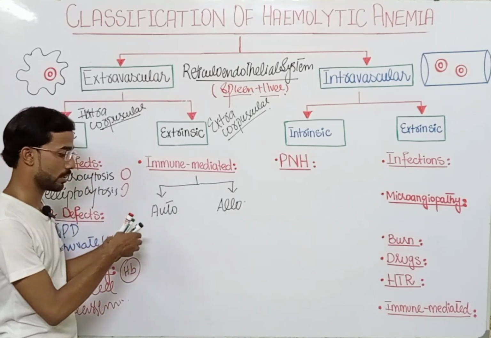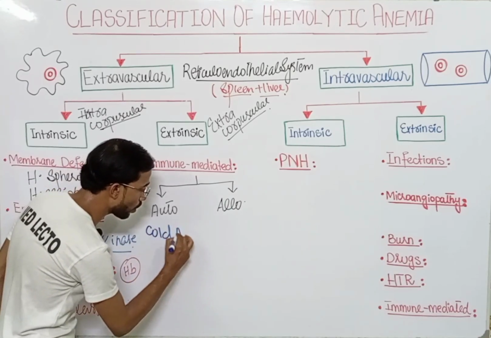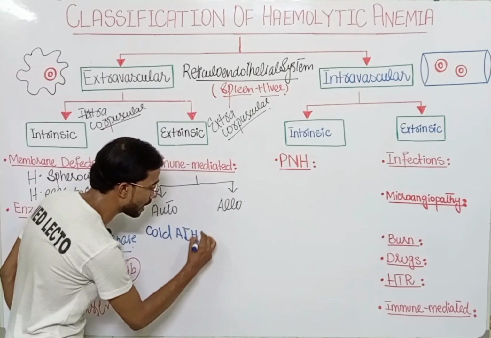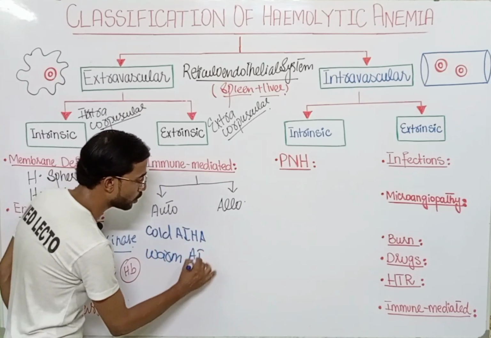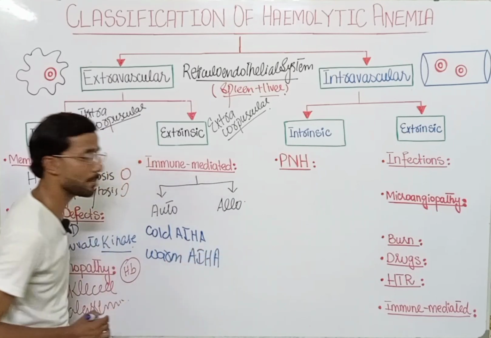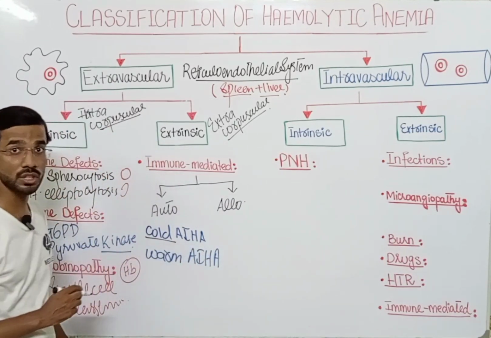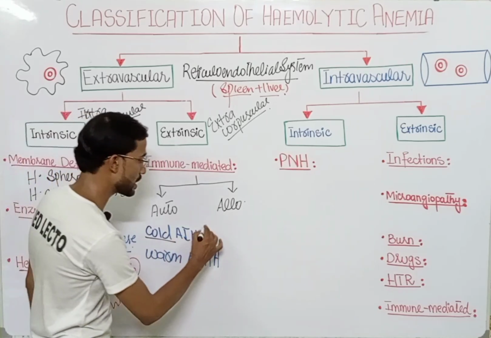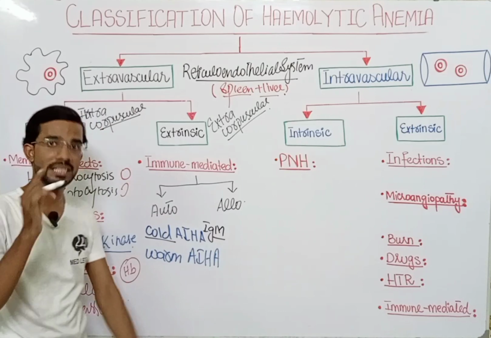So in autoimmune, we have cold autoimmune hemolytic anemia and warm autoimmune hemolytic anemia. These are basically the two. Why is it called cold? Because in that situation, specific antibodies like IgM are produced against the RBCs.